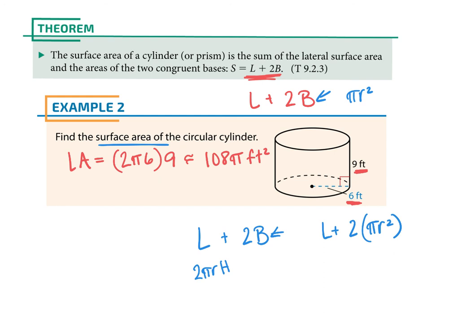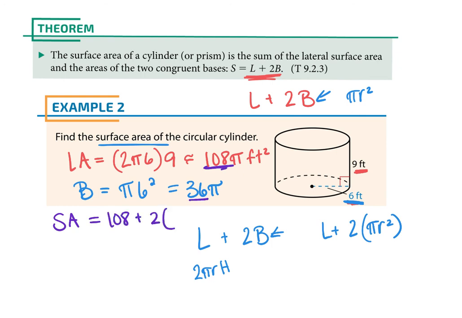I have to calculate a base. My base is my circle. I already know my radius is 6. So pi r squared, or 36 times pi. So if I want to find my surface area, I'm going to take my lateral area, 108, plus 2 of my bases, 36 pi, and that will give me my surface area.